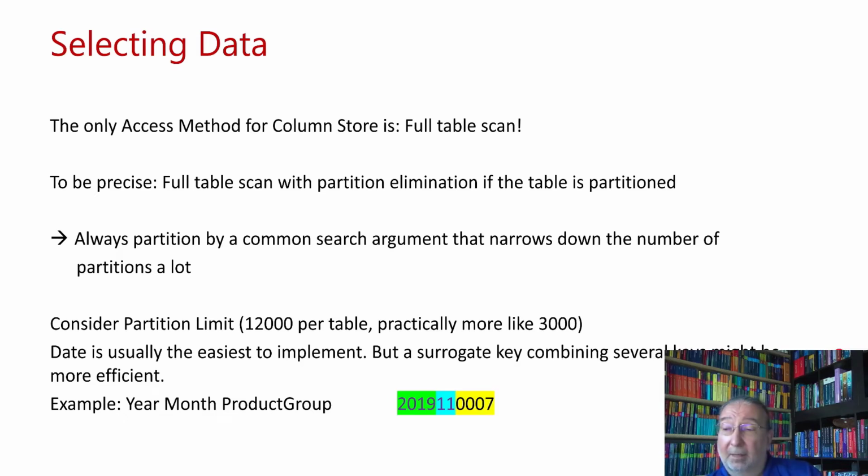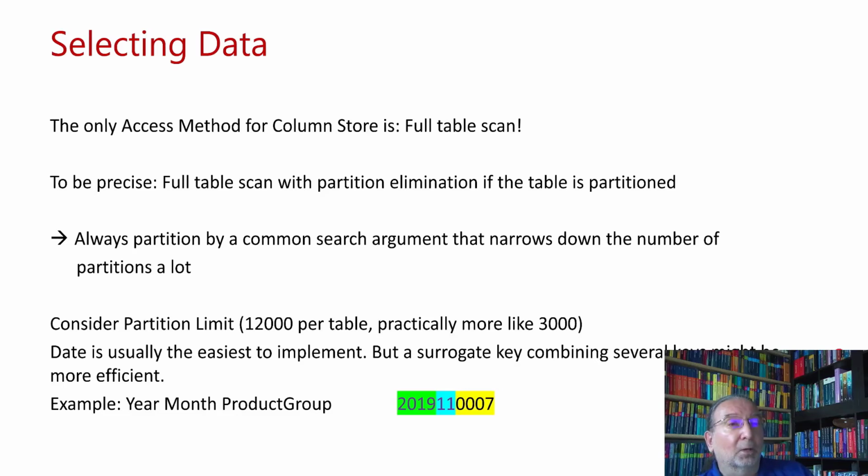Year, a 4-digit number at the beginning, month, a 2-digit number after that, and then the product group is a number between 0 and 9,999. I'm making sure with constraints this is never broken, and then I stitch together that surrogate key, and that allows me to partition very, very nicely.